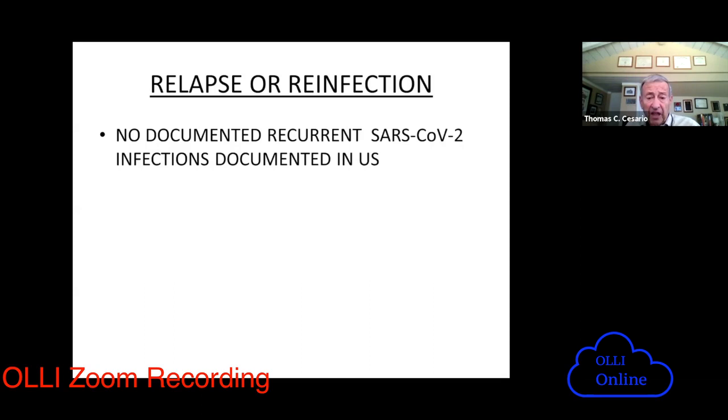We do know that that falls off within a short time after you recover. But we don't know that means you are less immune. All we know is that what we measure can drop off after you become clinically well. But we don't know that you can actually get a recurrent infection. That has not been documented here.